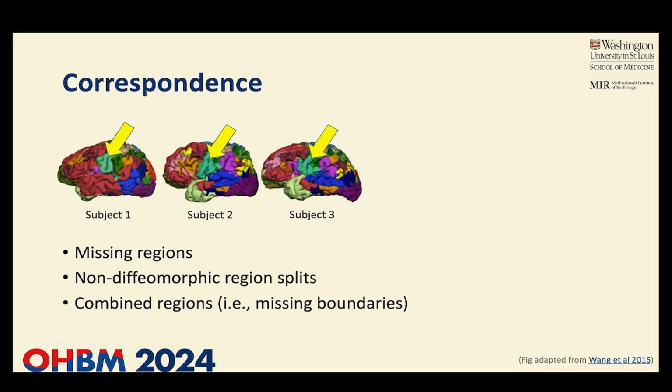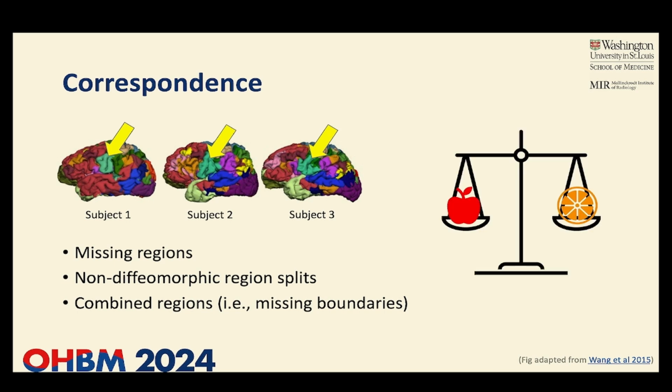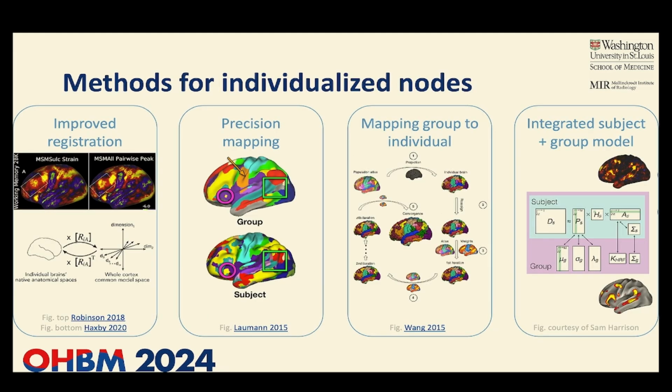And maybe there are combined regions or different dimensionalities that are optimal for representing one brain versus another brain. And again, this is this tension around correspondence. So correspondence is important so that we're not comparing apples and oranges, where we have a reasonable comparison between individuals while still capturing the individual organization.